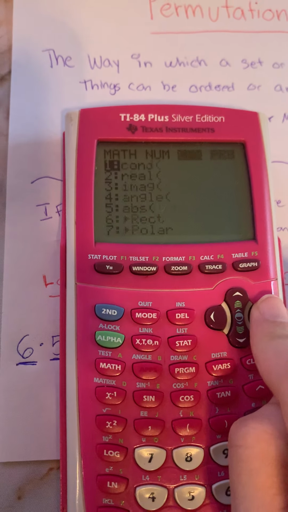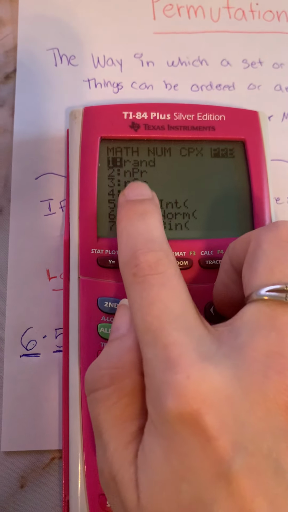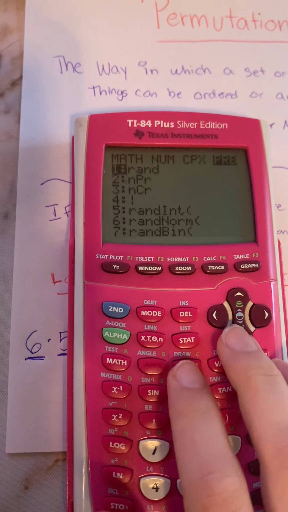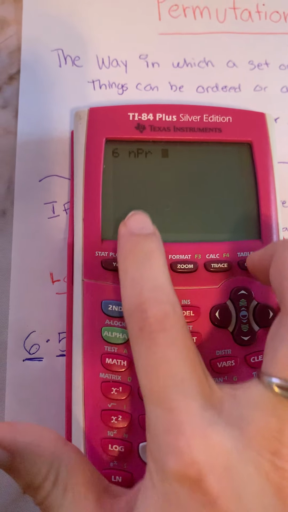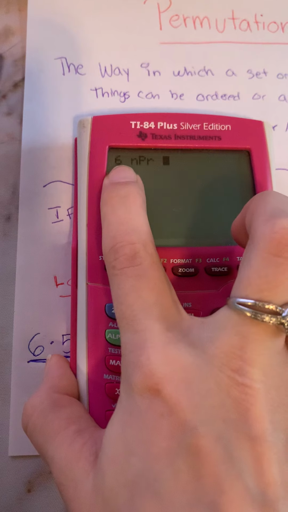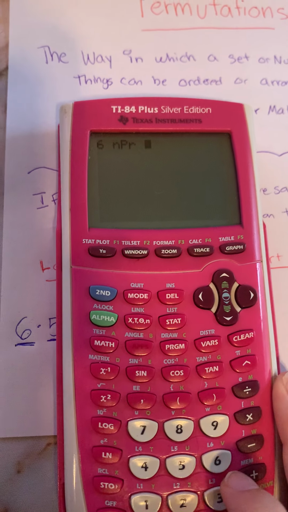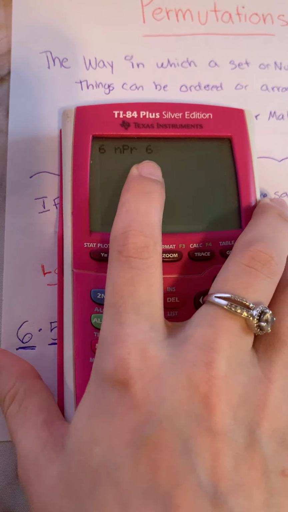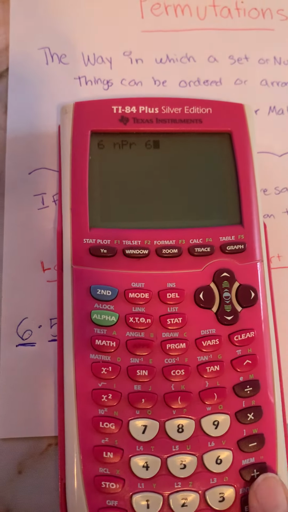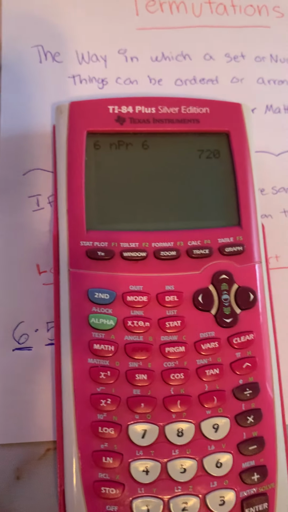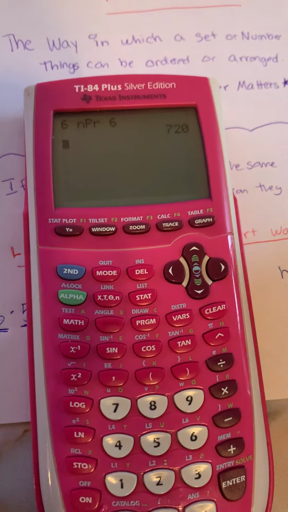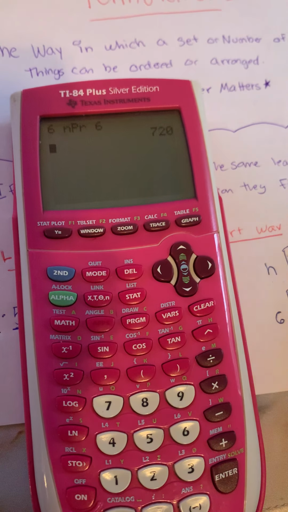Go over to the last one, probability, and it's right there, number 2. Hit enter and it sticks that there. Now type the second number. So we've got nPr is 6 and 6. Then hit enter. 720, so we got that again.